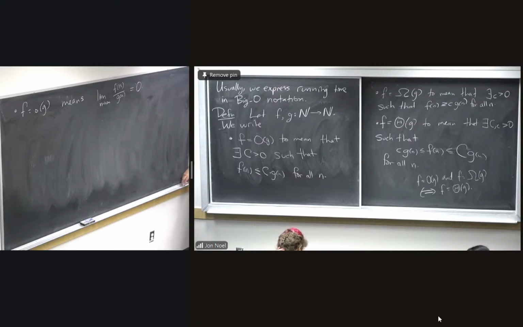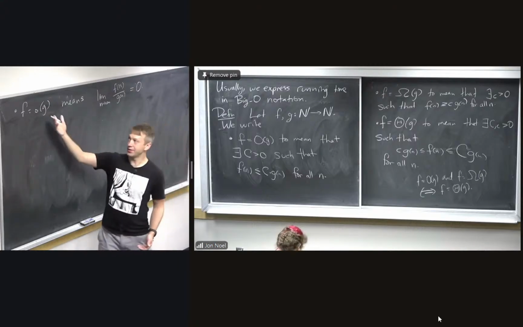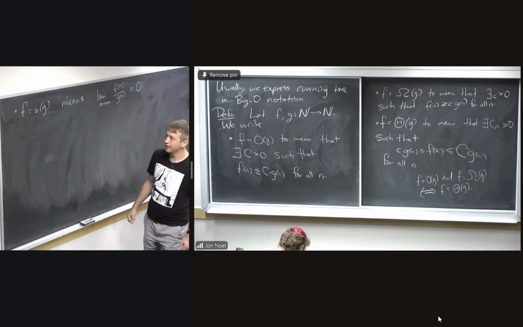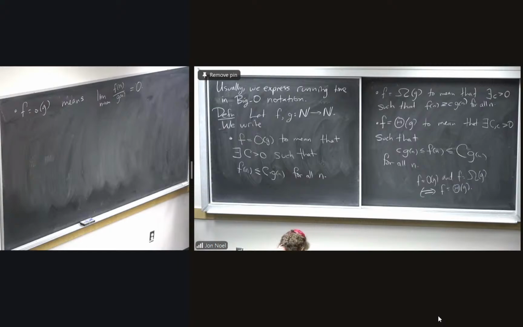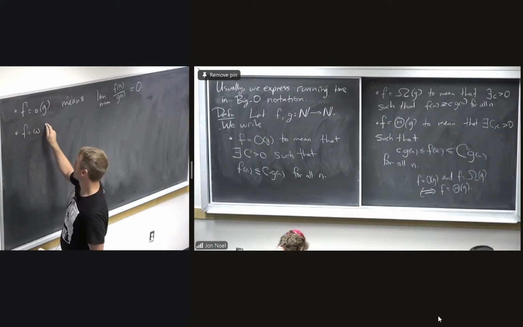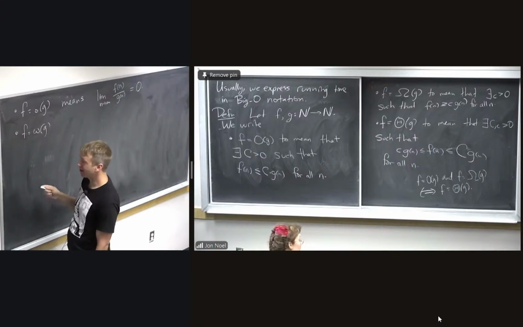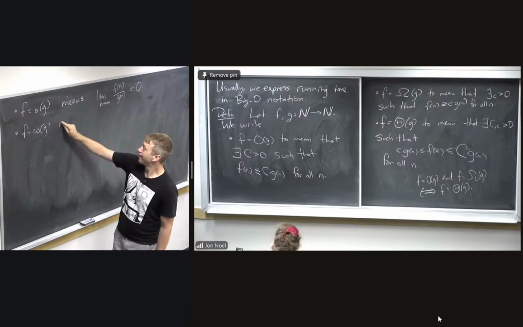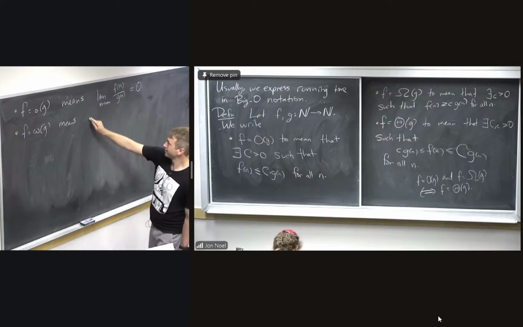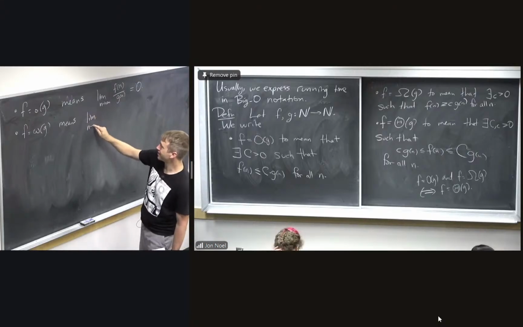So you should think of this as meaning g really dominates f. I'm aware that all these definitions are really boring, but it's kind of necessary to set up the language.